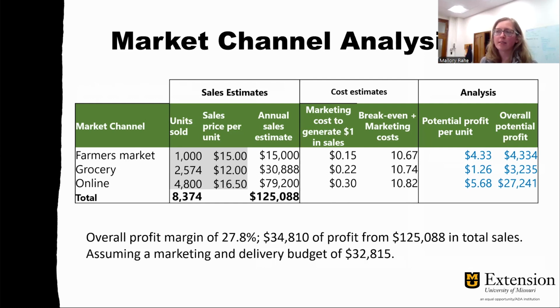I'm not trying to take compensation from that already. And what's important is that this entire spreadsheet assumes a marketing and delivery budget. So the cost of running that truck that I need and all of my other expenses of $32,815.